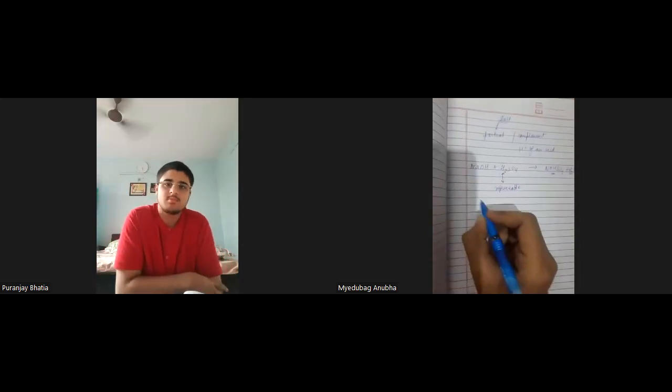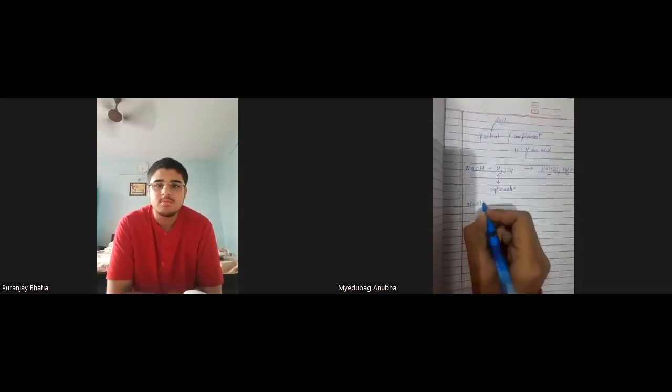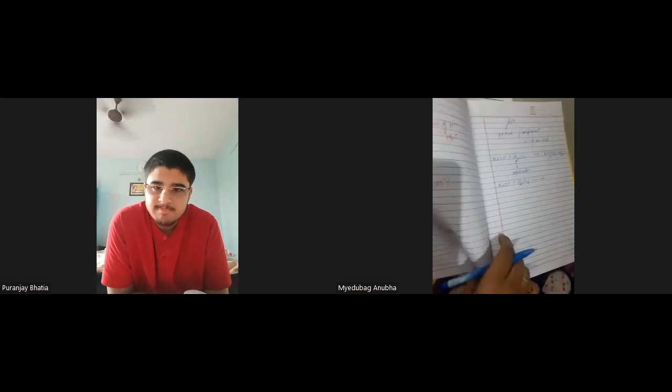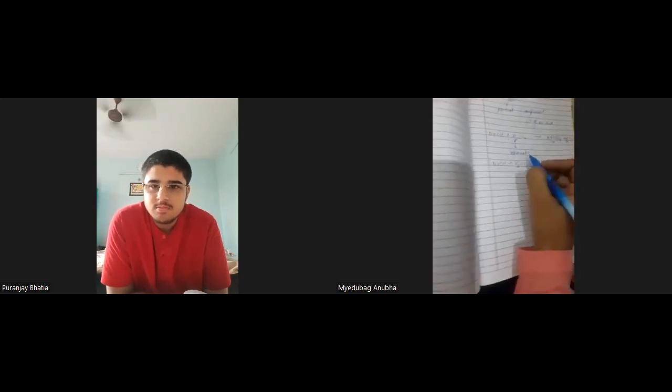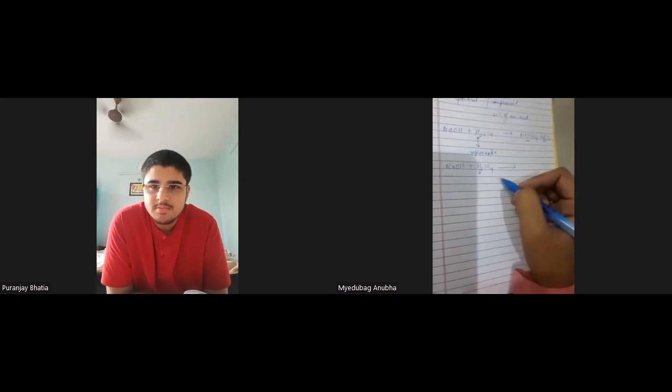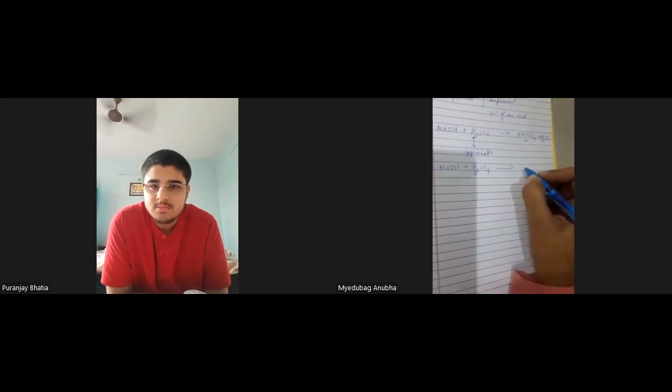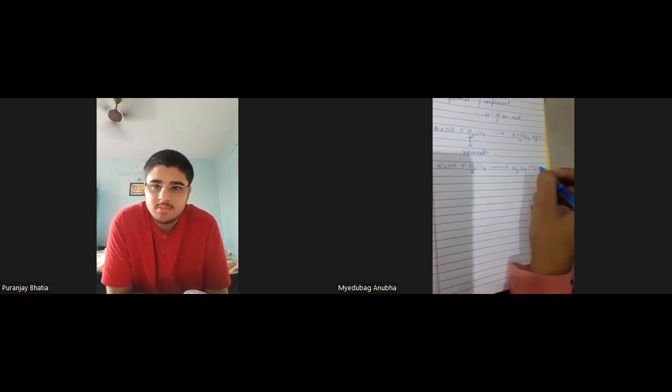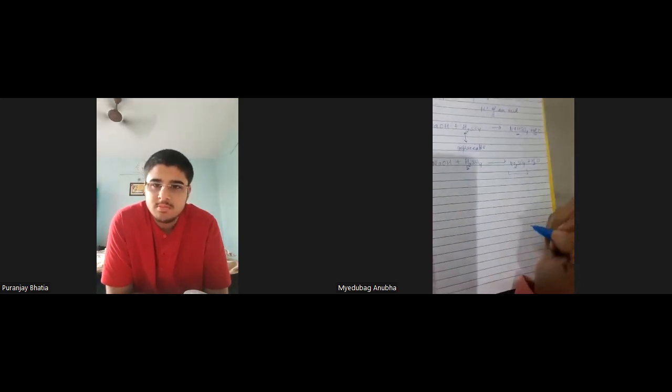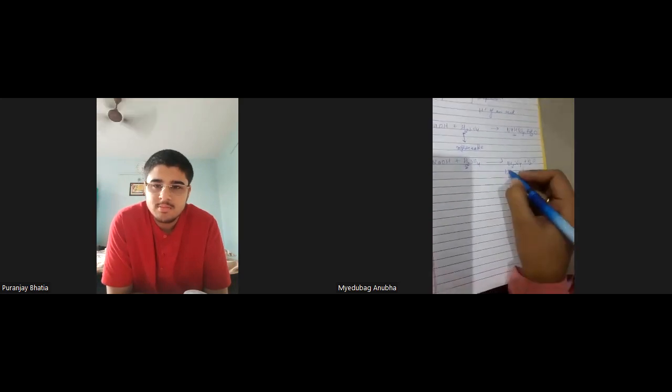There is another example, the same example, if you take again NaOH and H2SO4. Now, if we make this reaction occur again, then the hydrogen ion of the acid would be replaced with the basic radical, and now the reaction would be Na2SO4 plus H2O. In this case, as you can see, there is no hydrogen ion present in the product. It means what is happening here?